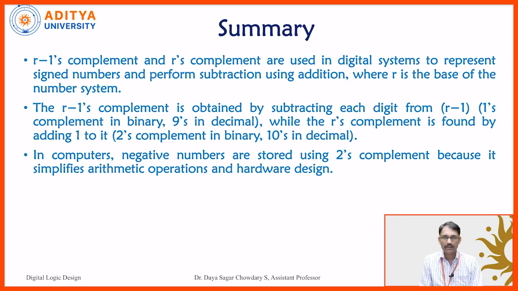Coming to the summary, r minus 1's complement and r's complement are used in digital systems to represent signed numbers and perform subtraction using addition, where r is the base of the number system.